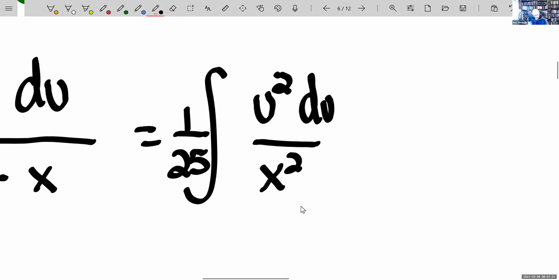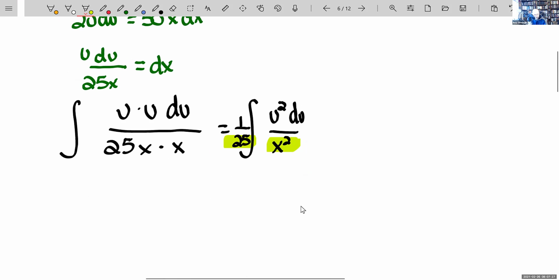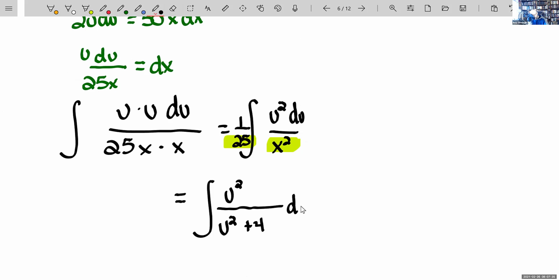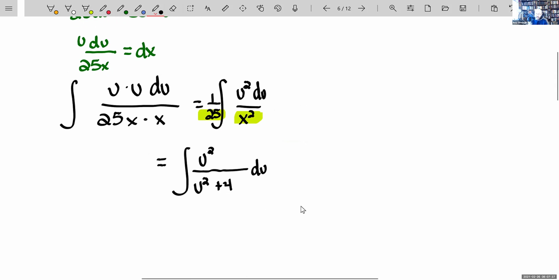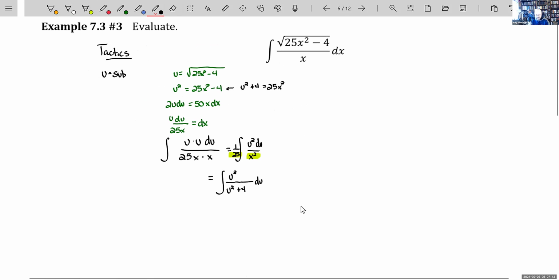Well, here is a 25x squared. So I can trade that 25x squared out for a u squared plus 4. However, when you do that, u squared over u squared plus 4 du, you still have a little bit of work. Not too much, though. In fact, let's just finish this one out, and then I'll see how it would have worked had we done a trig sub.